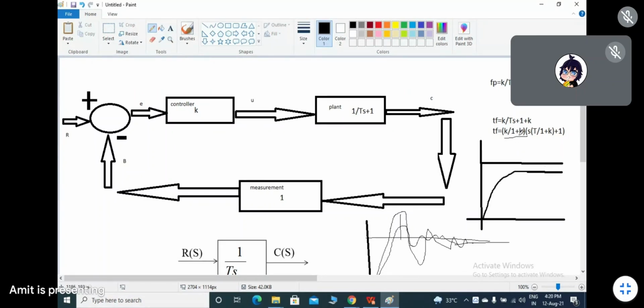This gain is representing your closed loop gain.